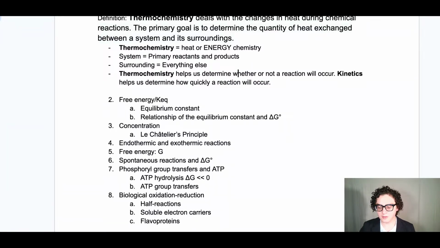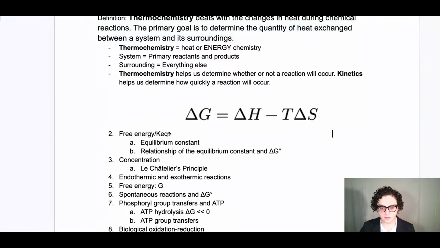So this here is the definition of Gibbs free energy.